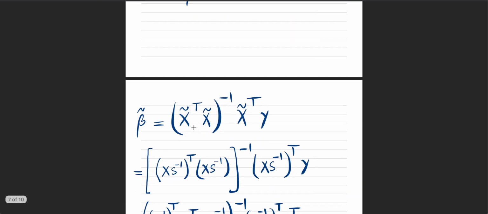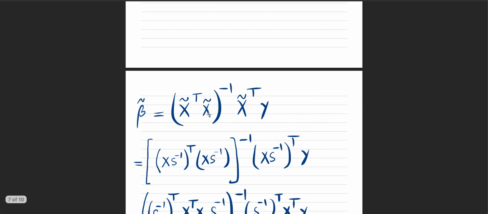So beta tilde is just X tilde transpose X tilde inverse X tilde transpose Y. And X tilde is just X S inverse. So it's X S inverse transpose, X S inverse, and the whole thing inverse, times X S inverse transpose times Y.